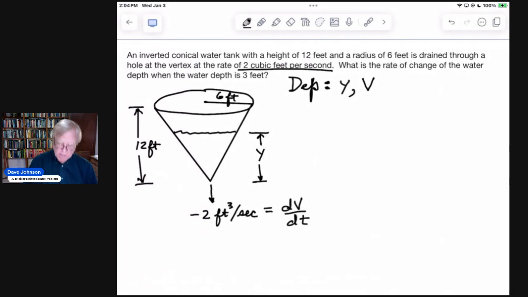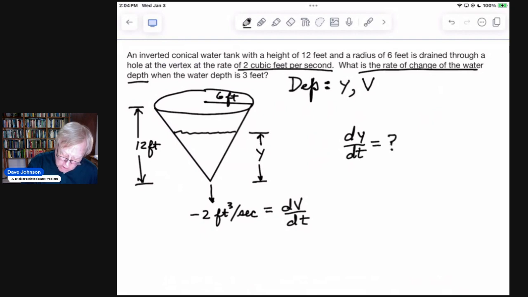So that's one of the pieces of information that we're given. The question in the problem is, what is the rate of change of the water depth or the height at 3 feet? So our question becomes dy/dt is equal to question mark when y is equal to 3.